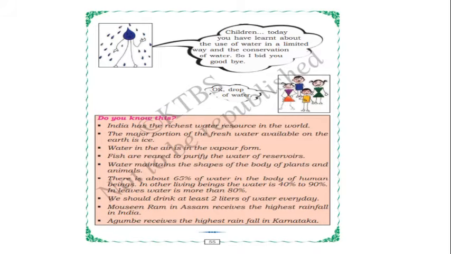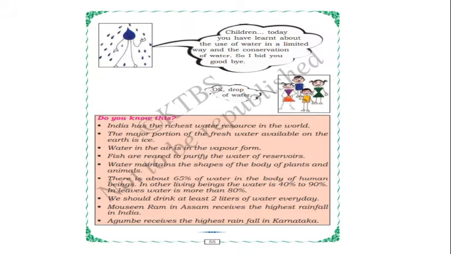Fish are reared to purify the water of reservoirs. Even we will use the fishes to purify the water. Water maintains the shapes of the body of plants and animals, isn't it, children? Yes, if you drink more water, then you will be healthy, isn't it? Water maintains the shapes of the body of plants and animals.